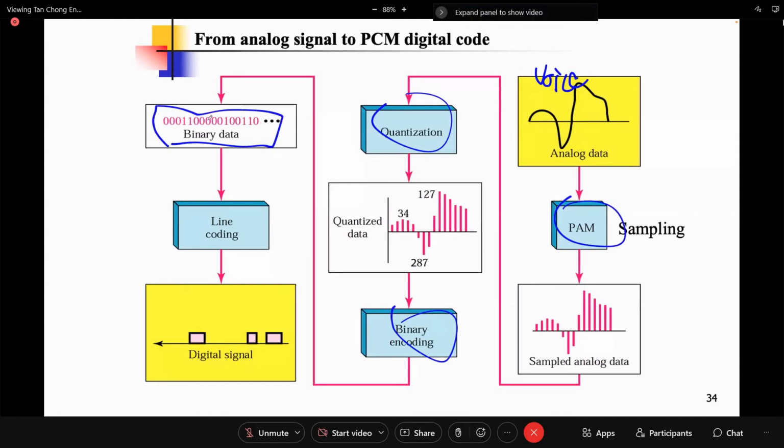Once we got the binary data, then we can use the line coding technique to produce the digital signal. And then this digital signal will later be modulated to an analog signal. Okay, analog signal. So this is the entire process. So I just want you to be clear about the higher view of this processing.